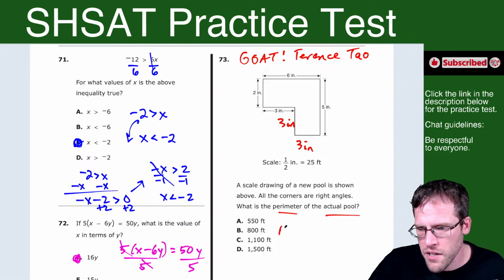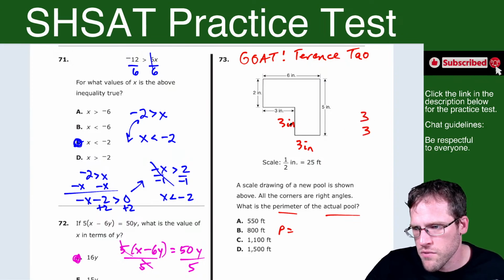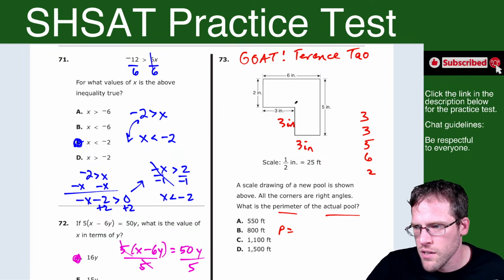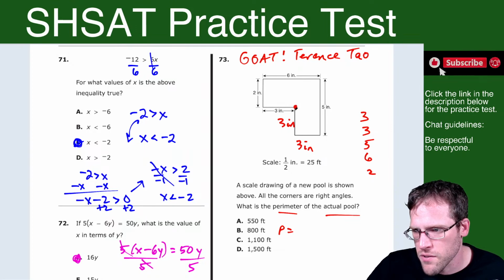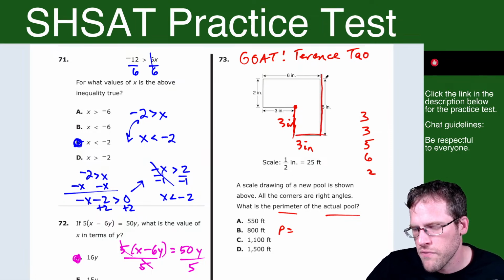So the perimeter in inches first. We're doing 3 plus 3 plus 5 plus 6. Oh wait, I lost track. Let's try that again. How about I label it? I'm starting here. So 3, I would probably trace it as I go. 3, 3, 5, 6, 2.